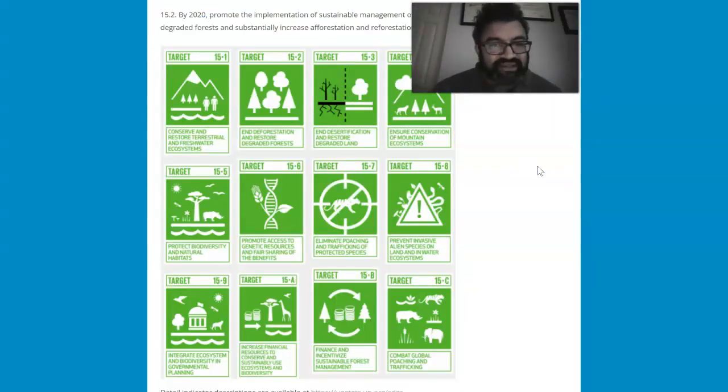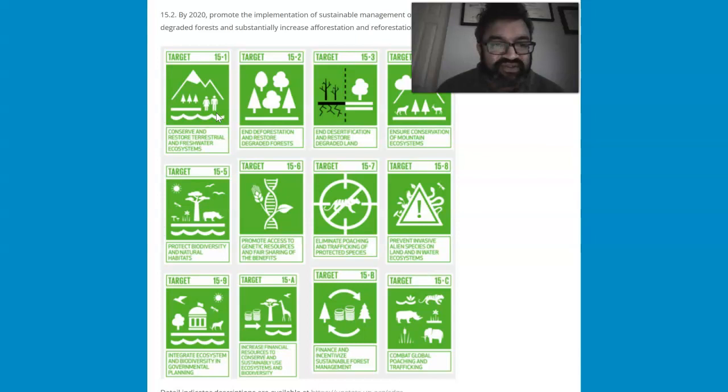So in this segment, I'm going to go over just quickly the targets and means to achieve targets. These are always important, and I think this is especially important for life on land. So conserve and restore terrestrial and freshwater ecosystems, 15.1, we already went over that.